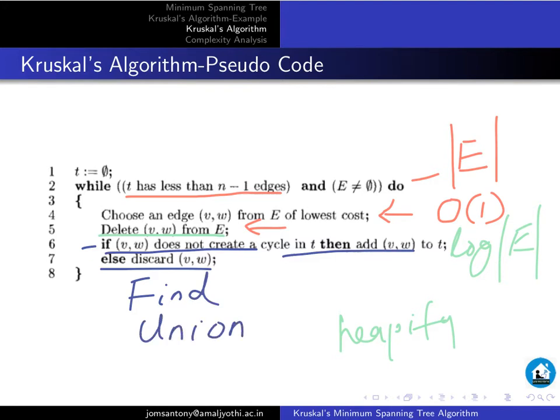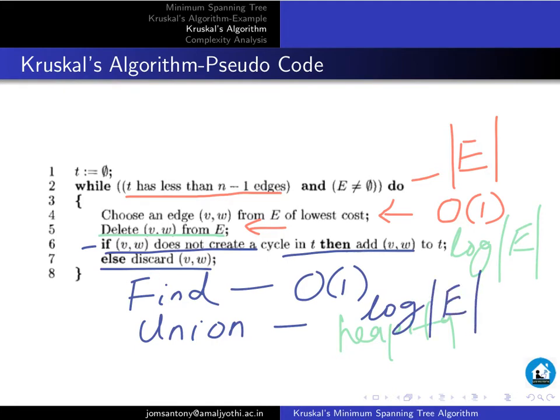Once we learn about find and union, we can understand that find takes only an order of 1 and union takes an order of log e, where e is the number of edges.